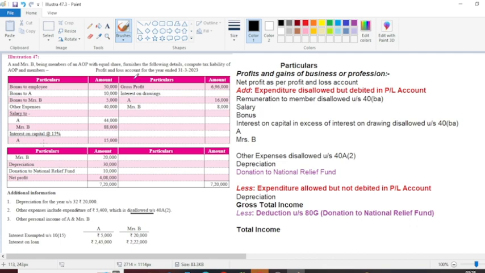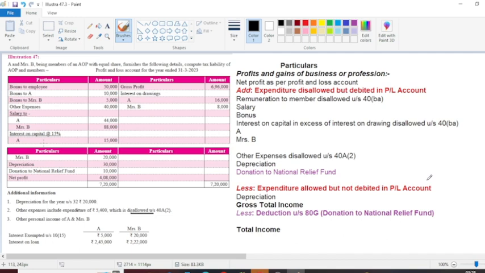The net profit is 4,08,000. Adding 2,04,400, we get 6,12,400.